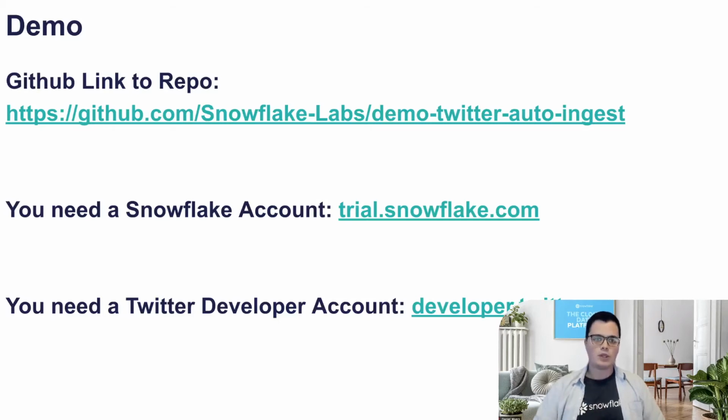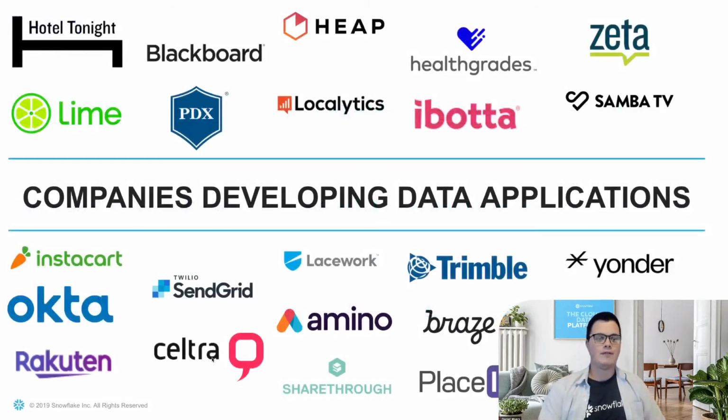Now, what's really exciting about a lot of this is that we have so many companies developing data applications with Snowflake today. Everything from Instacart, Okta, SendGrid, you name it, they're working with Snowflake. It's really exciting to see, and I think it really shows the power that Snowflake can provide to a lot of these data applications.